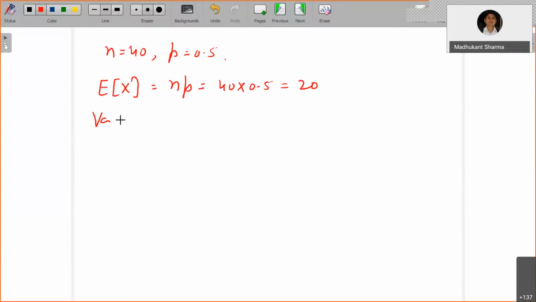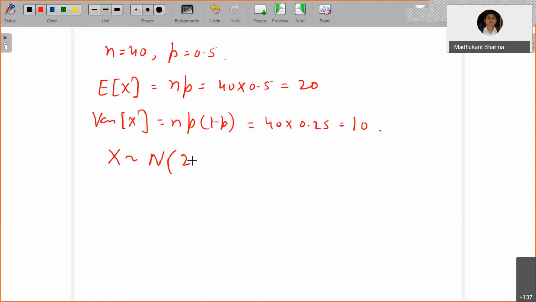And the variance of x, if you recall, is n times p times 1 minus p. So that is 40 into 0.25, which is 10. So I can assume X approximately follows a normal distribution with mean 20 and variance 10.